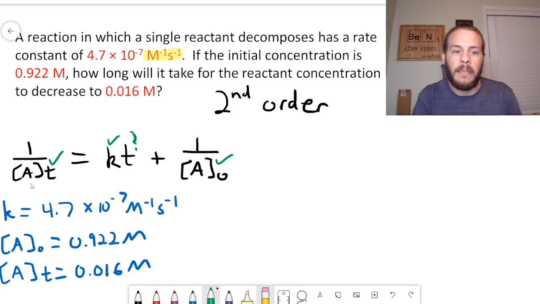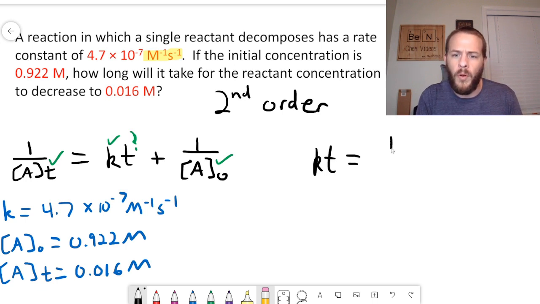So we're just going to algebraically manipulate this equation to isolate the time, have it all by itself over there. And then we can simply plug in the values that we know to solve for our unknown. So the first thing we'll do is subtract the 1 over the initial concentration term from both sides of the equation, and that's going to result in kt equal to 1 over the reactant concentration at time t minus 1 over the initial reactant concentration.